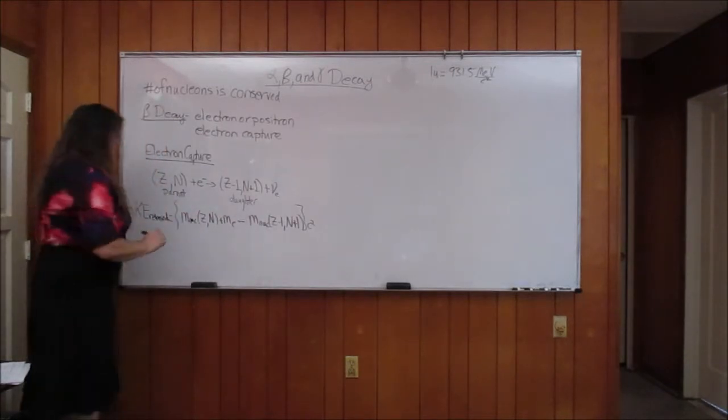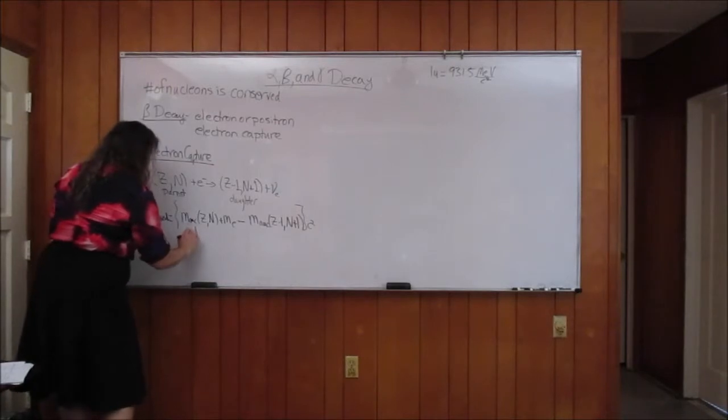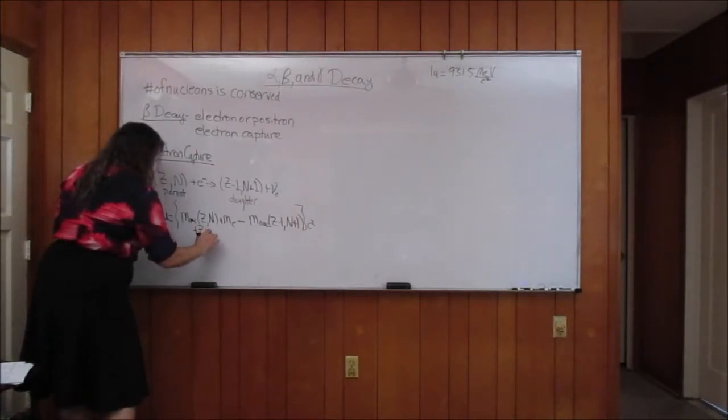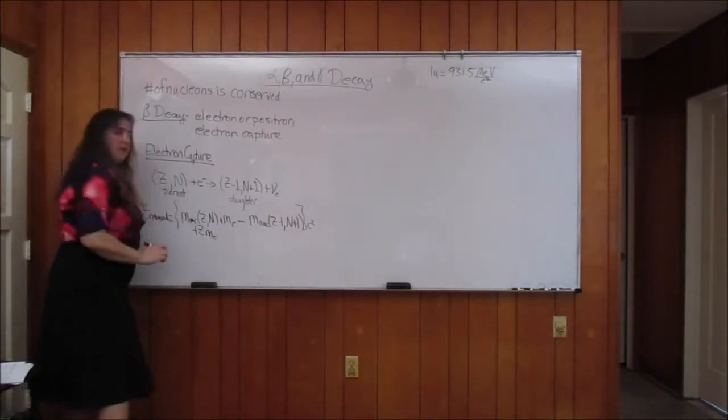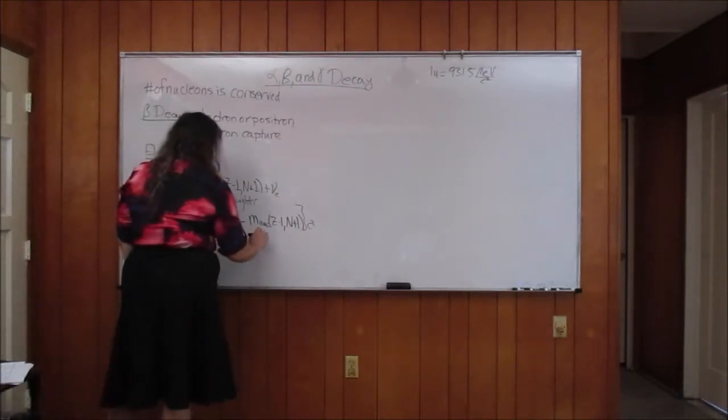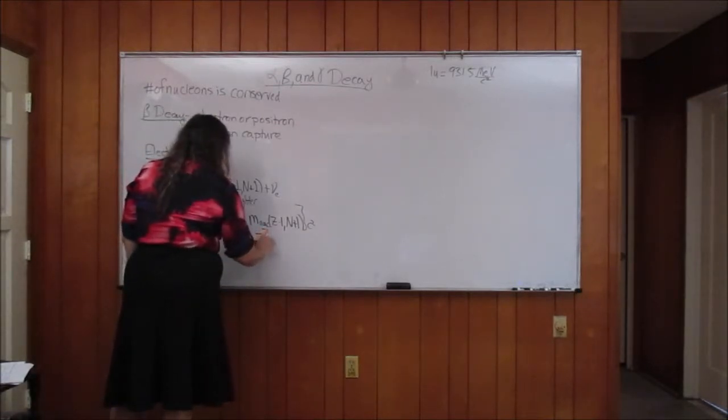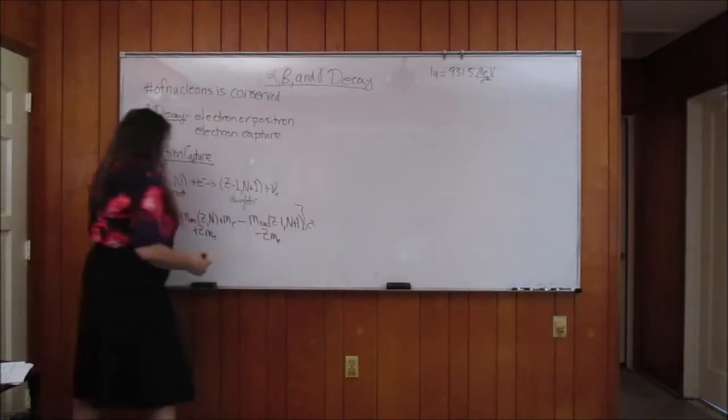We do the same thing as I did before. I'm going to go ahead and add Z times the mass of the electron, and I'm going to subtract it off. So I'm just adding and subtracting it.